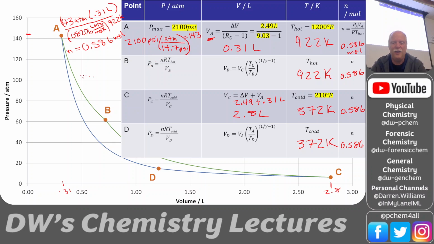Now, we could calculate this pressure. So 0.586 number of moles times the gas constant, 206, times the cold temperature, 372, and divide by 2.8.